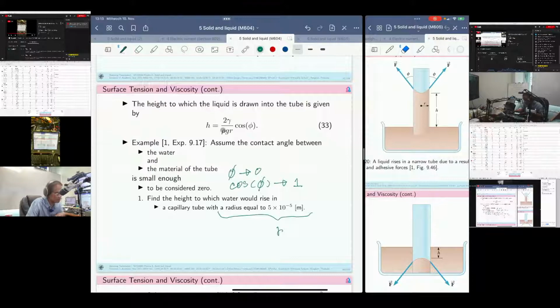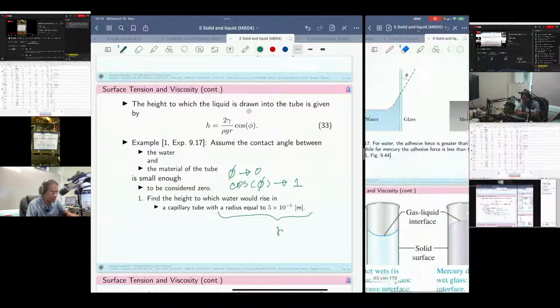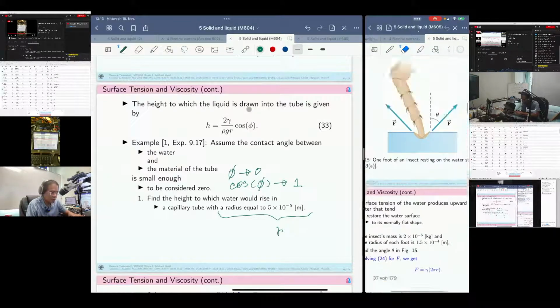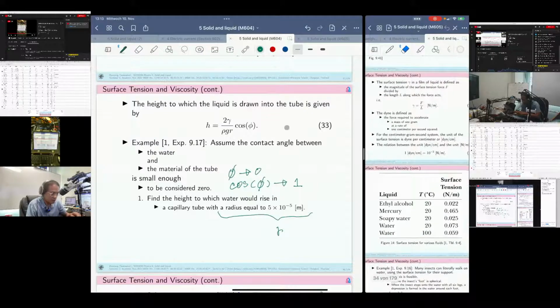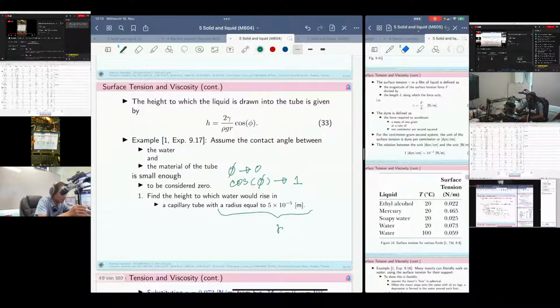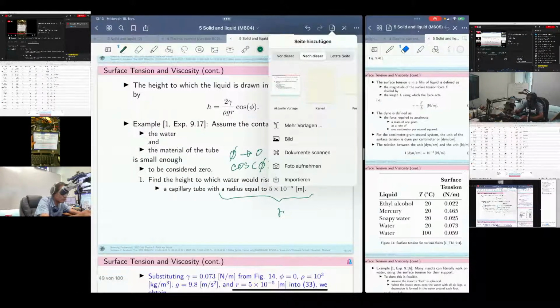Rho is the density of the water. Gamma is what we still don't know, but we can find it from the table, right? The water surface tension at room temperature, let's say it's 0.073.